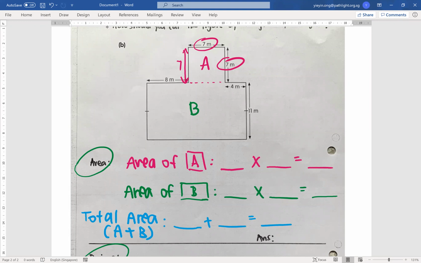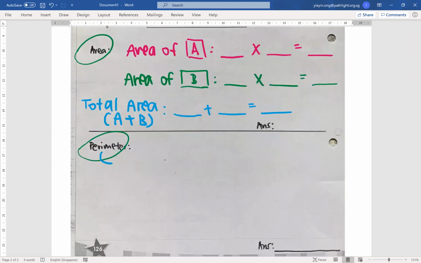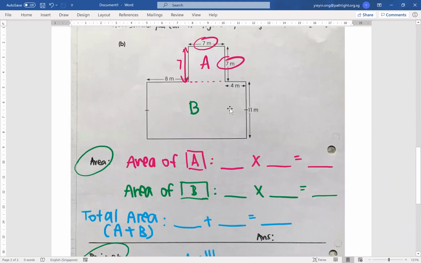All right. Then for the perimeter, remember you have to add all sides. Okay, so now Miss Ong is going to help you by finding the sides of this composite figure together.